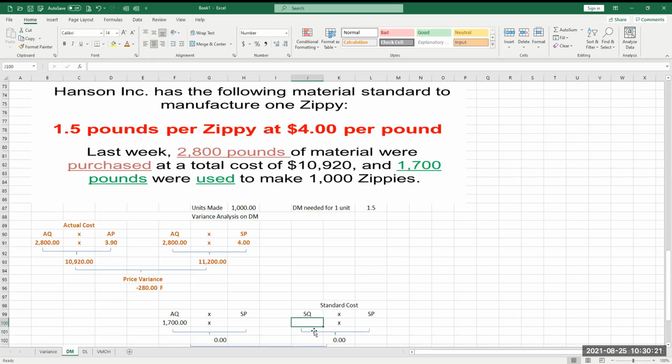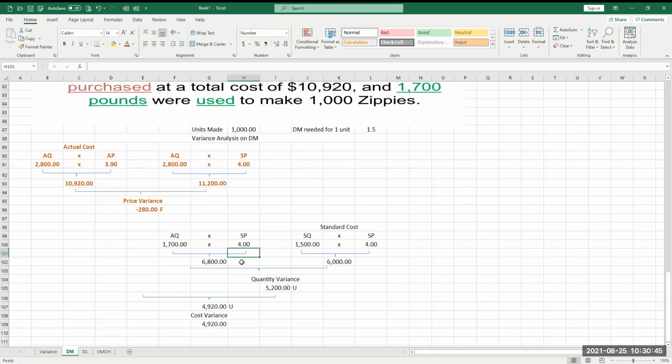Based on my standards, do I know how many pounds I'm supposed to use to produce 1,000? That will be 1,000 times my standard, 1.5 pounds. Correct? And I know my standard price, correct? My standard price is $4. So now from this information, I can get the quantity variance.